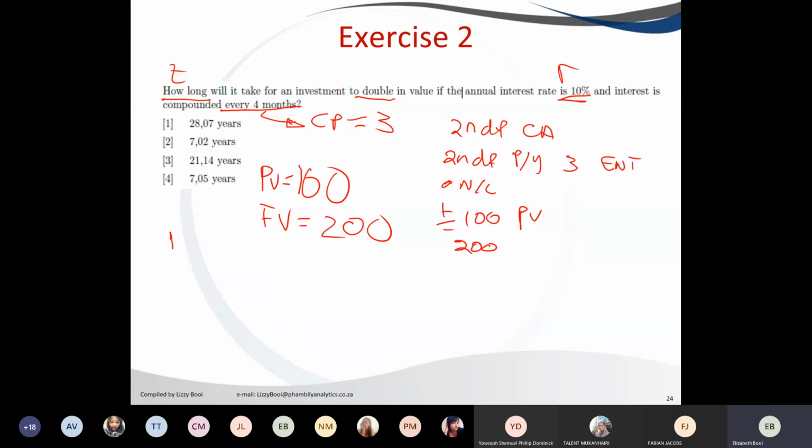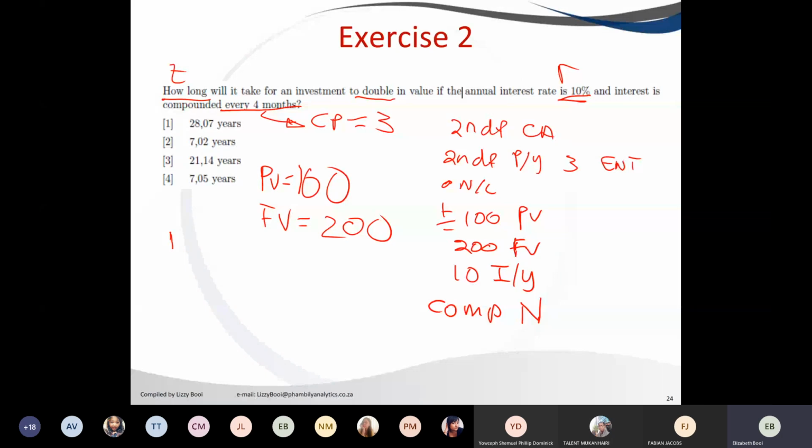And when 100 rand doubles, it becomes 200, and that will be my future value. And my interest is 10%, which is 10 I/Y. And then you press CPT, and I'm looking for how long, so this will be CPT N. Now, here is the other thing. The answer you will get there will be a compounded answer.